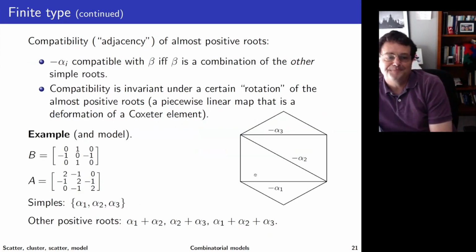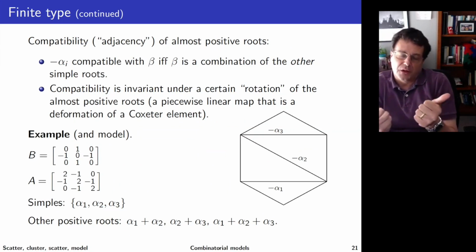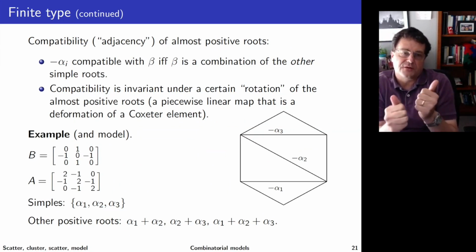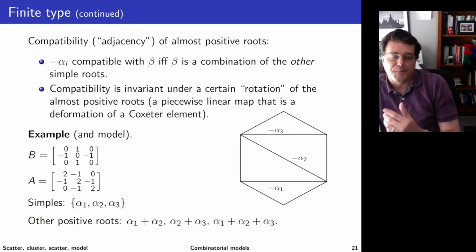Okay. I think I'm going to have to skip compatibility, but there's a way to do compatibility. When do two almost positive roots represent cluster variables that are in the same cluster? Well, you can do something just in terms of the combinatorics of roots.